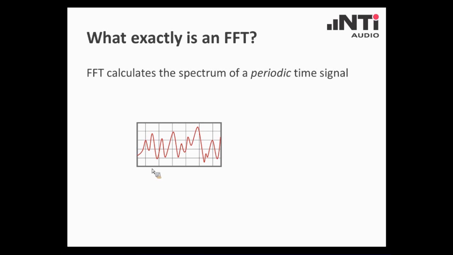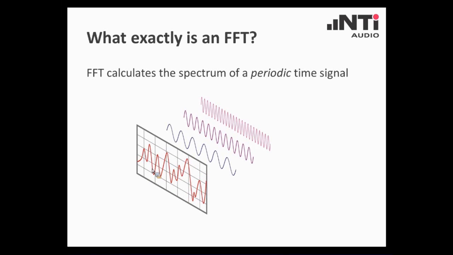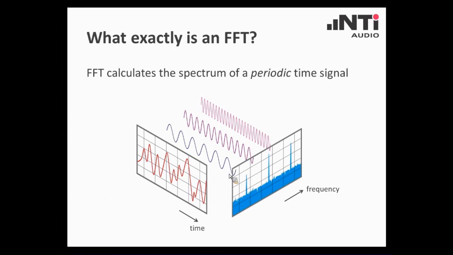Let us assume this is a time signal. Now, we can decompose this time signal, if it is periodic, in its sine components, which means every periodic signal is a combination of single sinusoidal oscillations. And the FFT basically decomposes the signal, which means it shows you the levels of the underlying sine waves in the frequency spectrum.